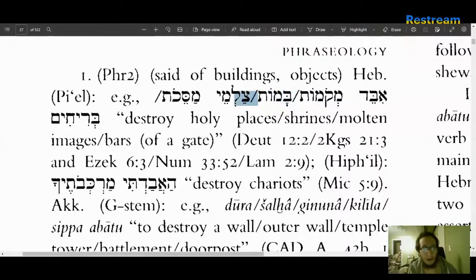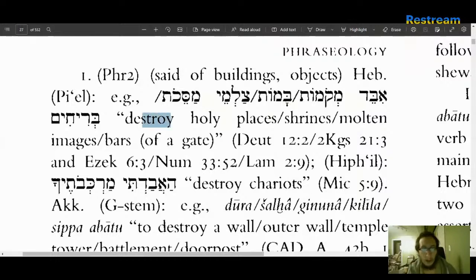They give different examples of different objects. So holy places is mikyamot. Shrines, bamot, molten images, maskat.